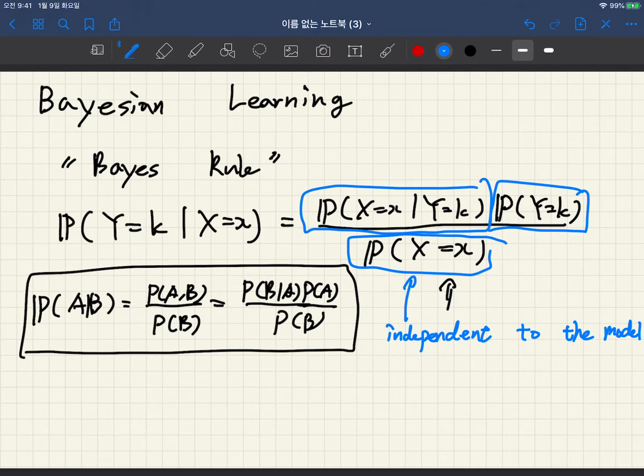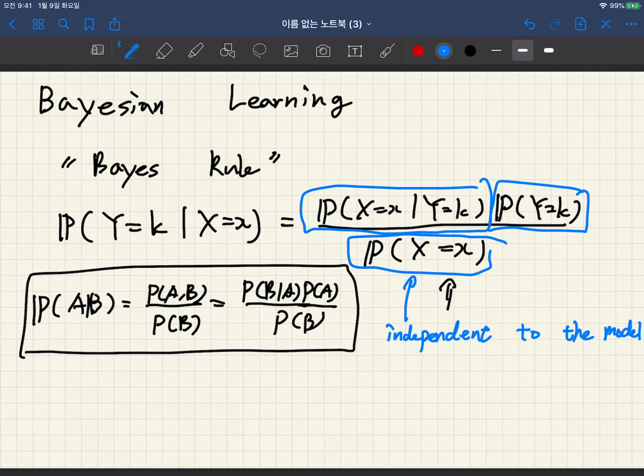Whatever model you choose, the probability x equal to x never changes. You always have the same probability density function for this denominator.